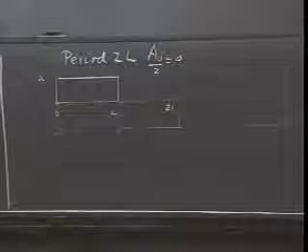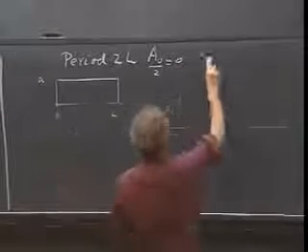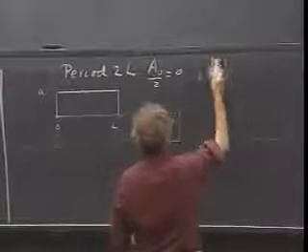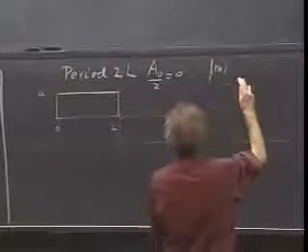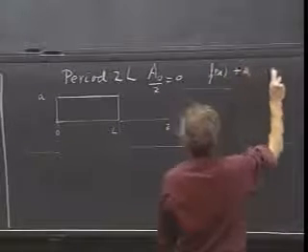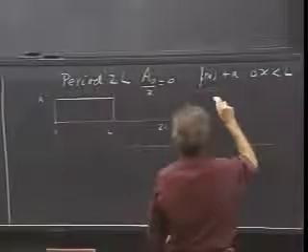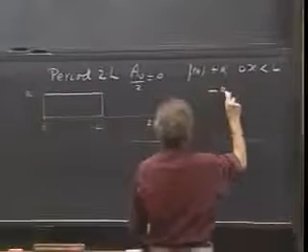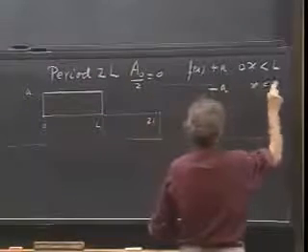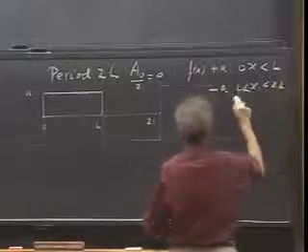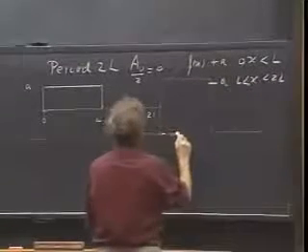And so my function now, y of x if you want to write it down, is plus A for x between 0 and L, and it is minus A for x between L and 2L, because this here is minus A.